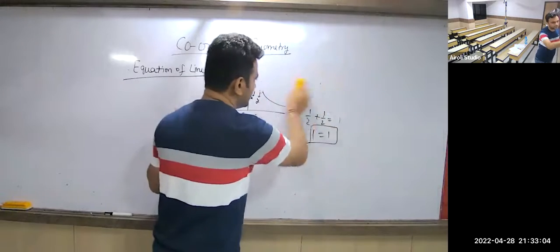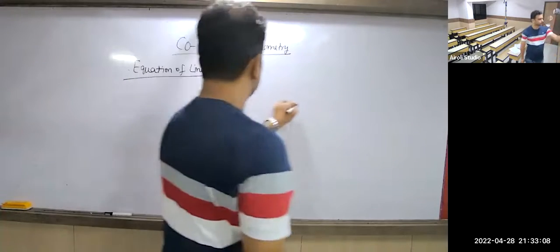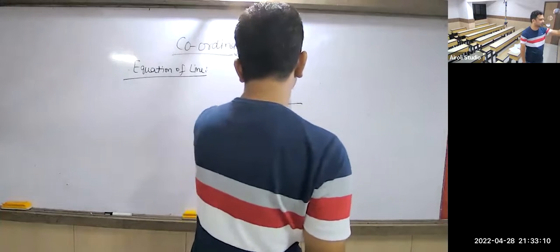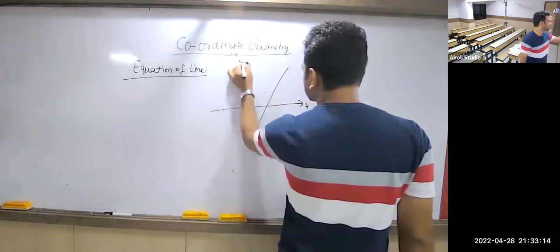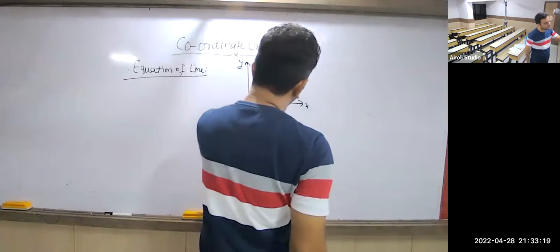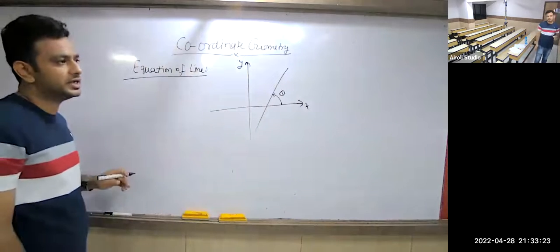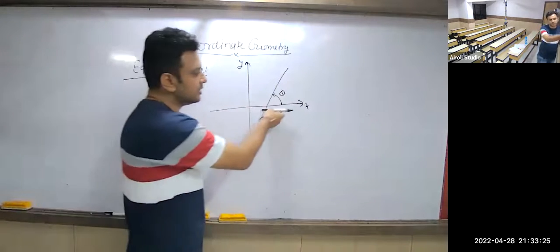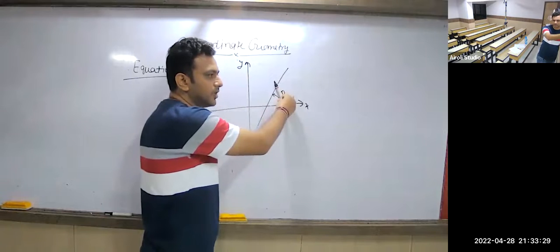In a similar way, let's say I'm having a line. This is the x-axis, this is the y-axis. Let's say this line is making an angle of theta degrees with the positive direction of the x-axis in the anti-clockwise direction.